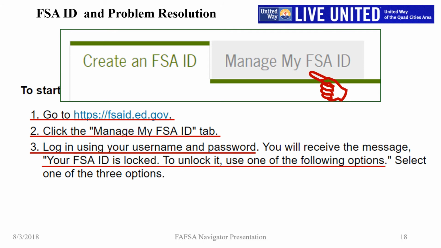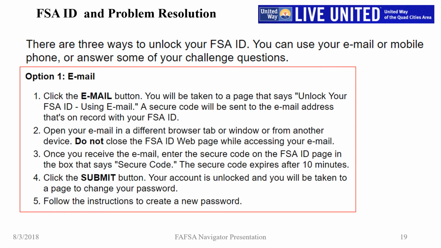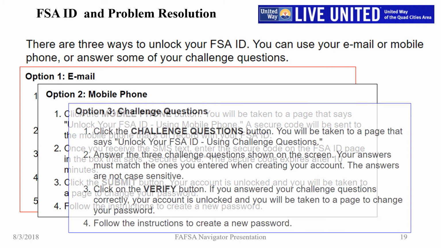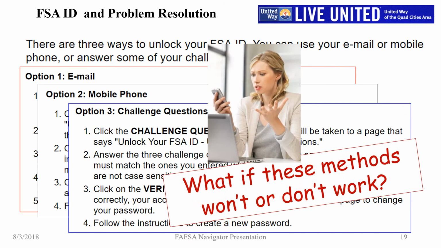We get the message to continue on and to use the following 3 options. You can choose among 3 options, one of which you hope is working: email via your registered email account, text message via your registered smartphone number, or using your registered security questions and answers. But what if these methods won't or don't work?